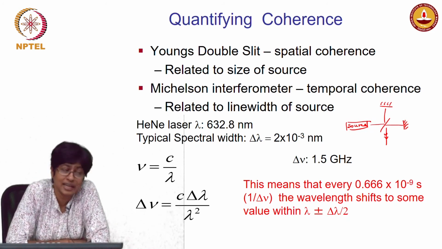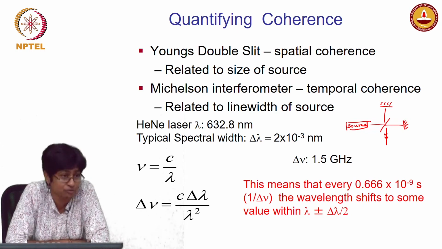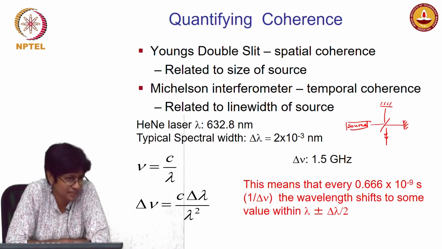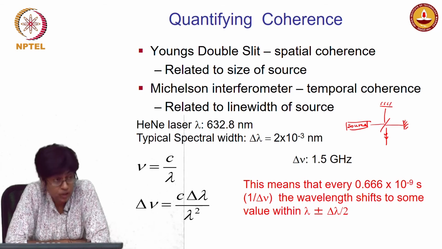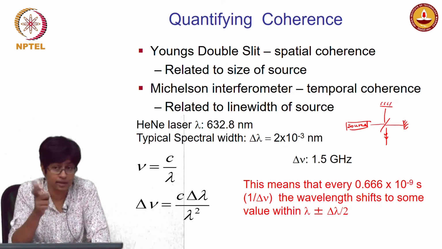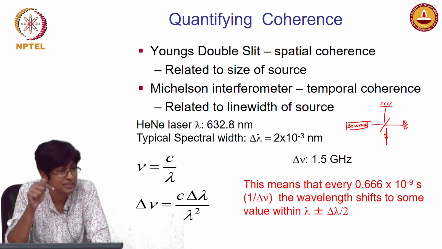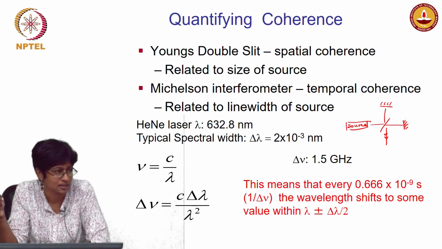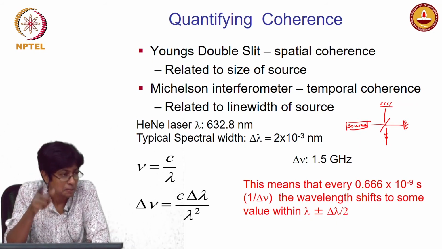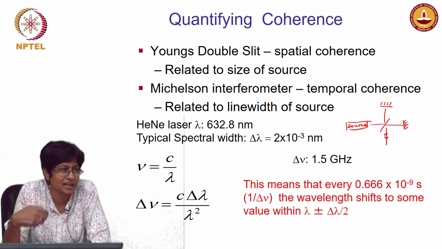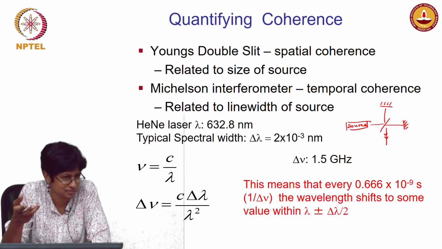Now, just because light happens to travel really fast, you get coherence lengths which are still practical, right? Because you're not saying that in a time of 1 second they are correlated. You're saying in a time of 0.66 times 10 to the power minus 9 seconds, they stay correlated, but light can travel quite a good distance in that time, okay? And that allows interferometers to become useful to us, okay?